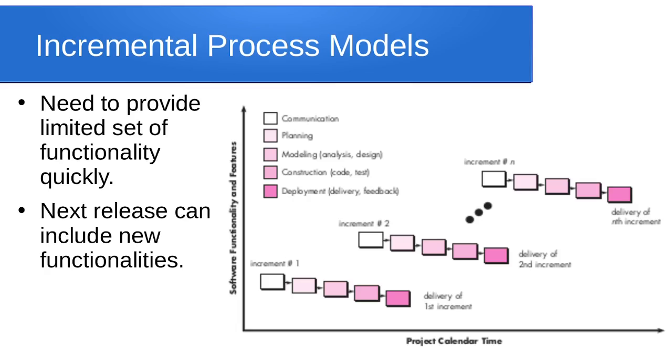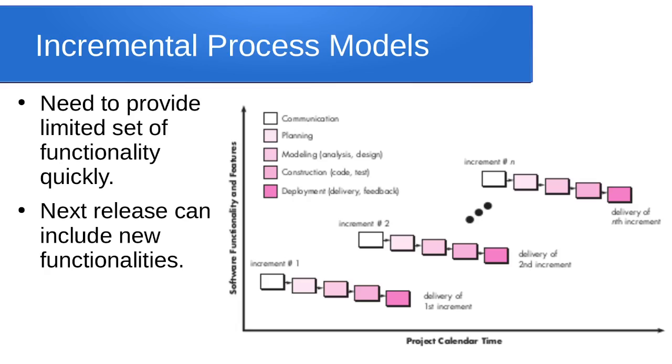So here what actually happens is, you get the first increment with some set of functionalities. These functionalities were of utmost importance for the company or the client. They wanted these functionalities as soon as possible.